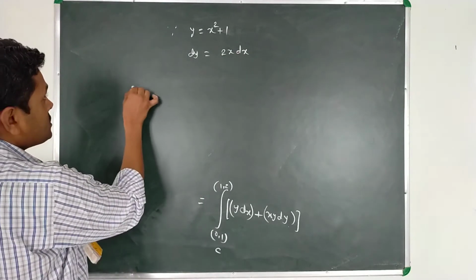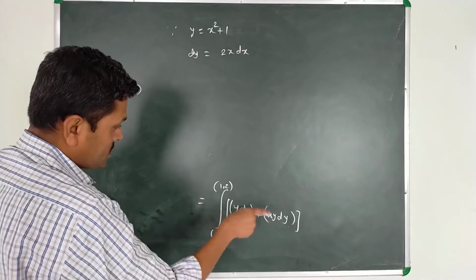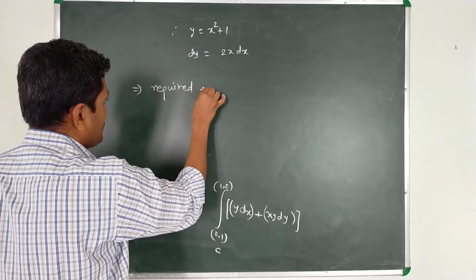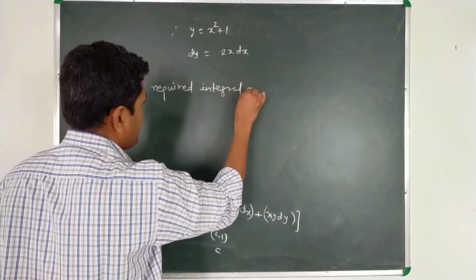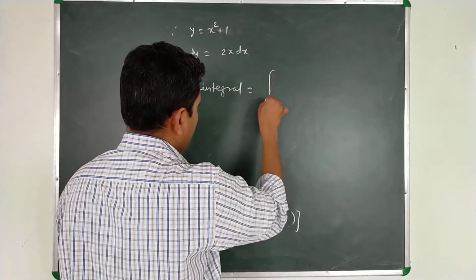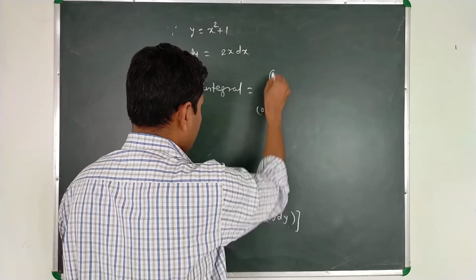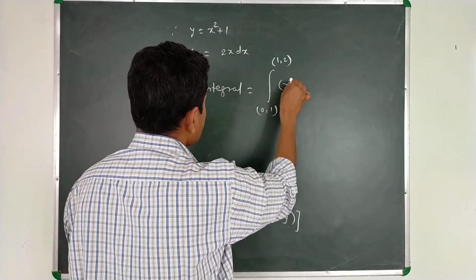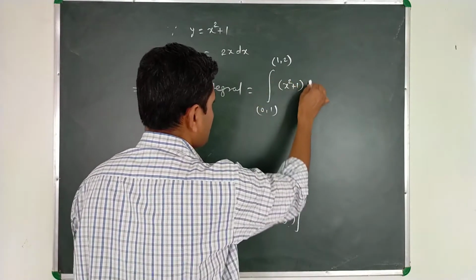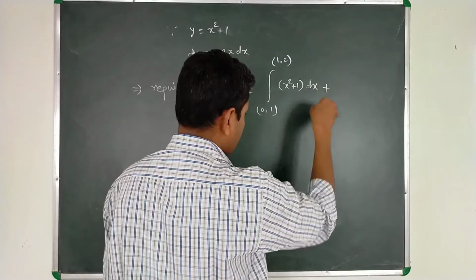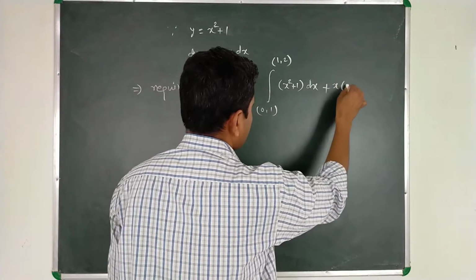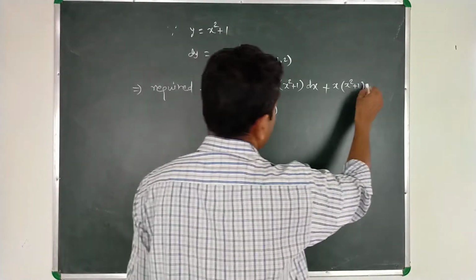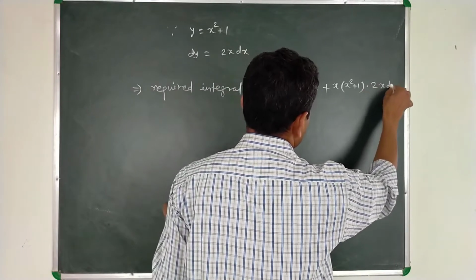Now substituting these two equations in this integral, the required integral will be equal to, from 0 1 to 1 2, what is y? It is x square plus 1 into dx, then plus sign is there, then x into x square plus 1, then dy. What is dy? It is 2x dx.